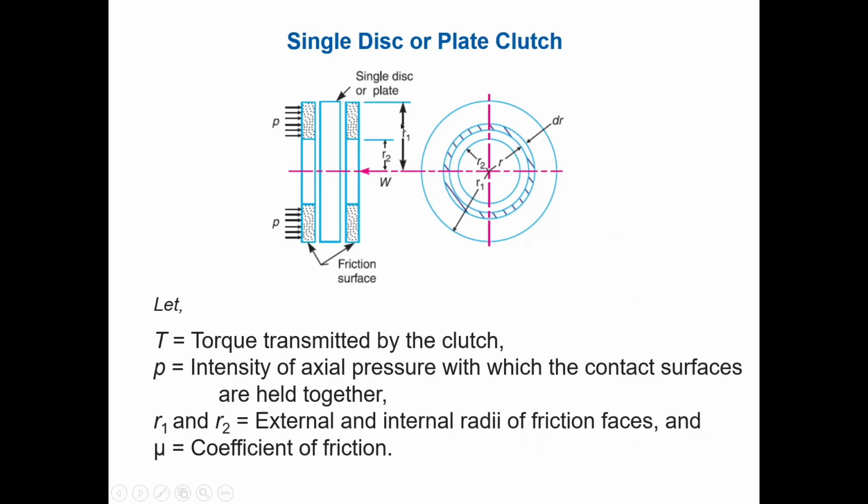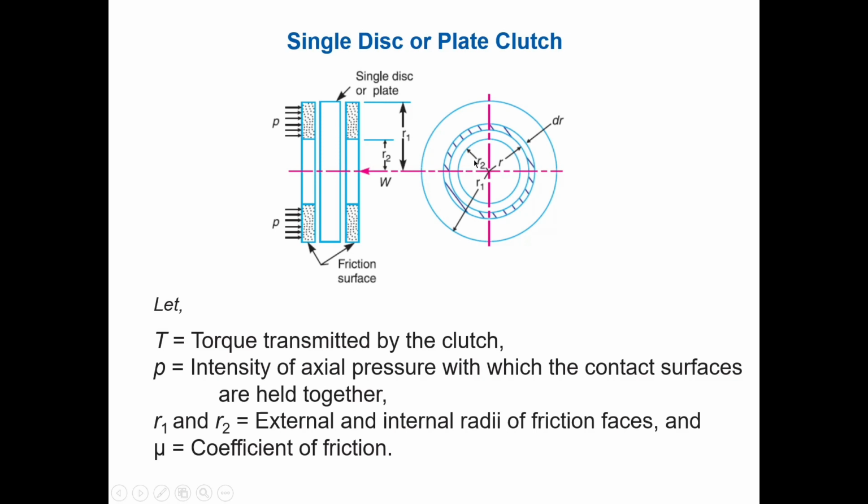So this diagram represents the cross section of a single disc or plate clutch. Here you can see several nomenclature. P represents the pressure, R1 represents the external radius, R2 represents the internal radius, and W represents the axial force, the force along the axis.